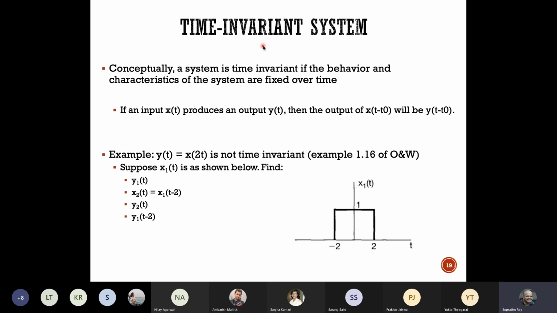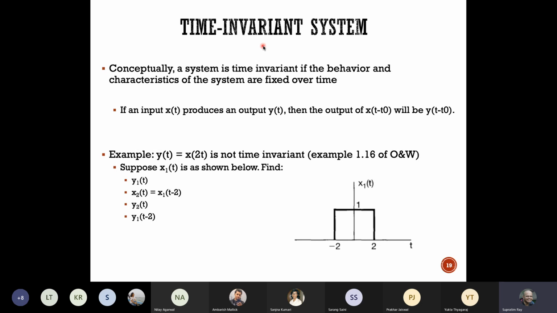Most systems, like our brain, are not LTI systems. Okay, but you can make a good approximation. Many systems, even though they are not LTI to begin with, can be approximated very well with LTI systems, and therefore it's of a lot of value for us to understand the LTI systems.